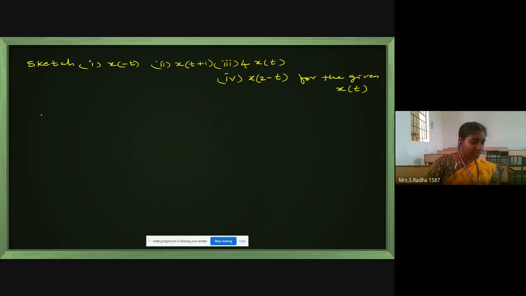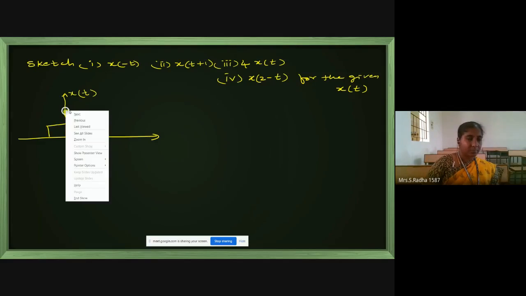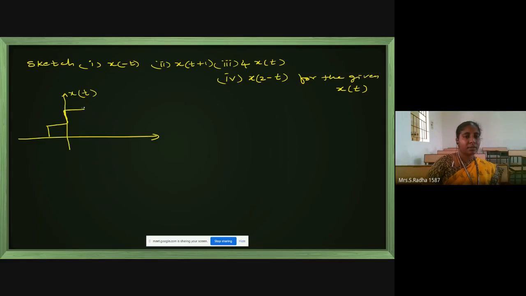The given question has an x-axis and y-axis. This is x of t. And here there is a small pulse, then again there is a height, then a decrease, a sharp drop down, and then on the other side, negative.